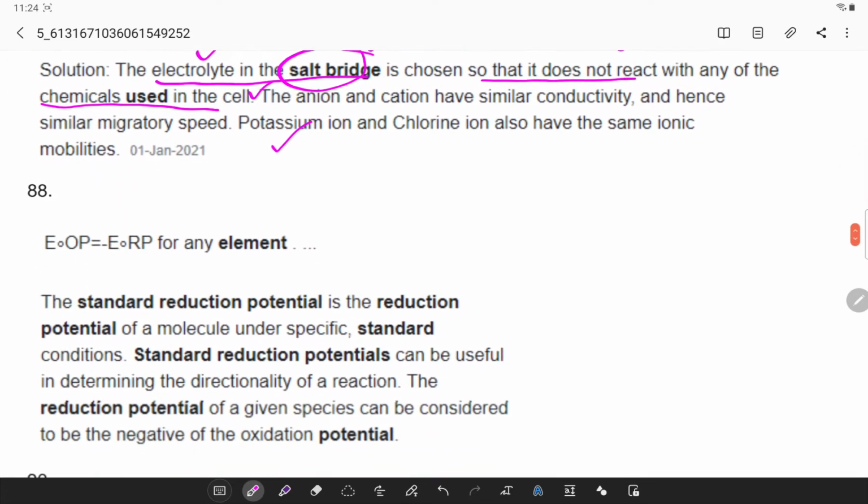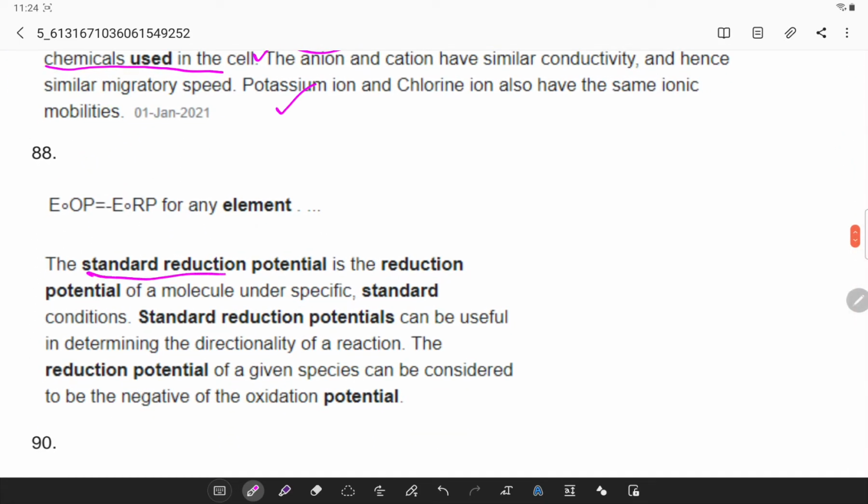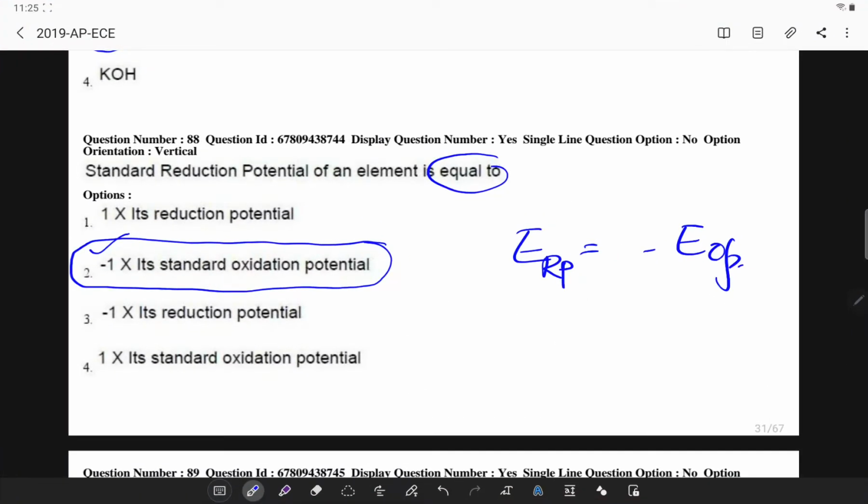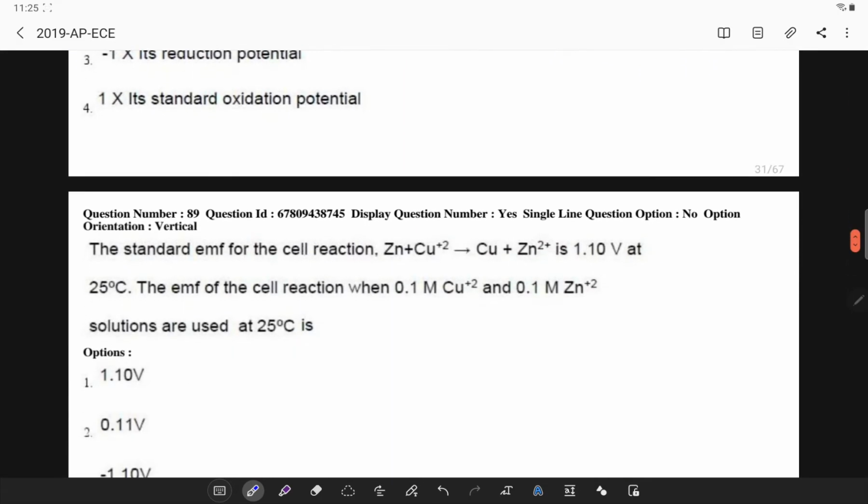The standard reduction potential is the reduction potential of a molecule under specific conditions. It can be used to find the directionality of the reaction, and the reduction potential of a given species can be considered to be the negative of the oxidation potential. So here I have a minus symbol.